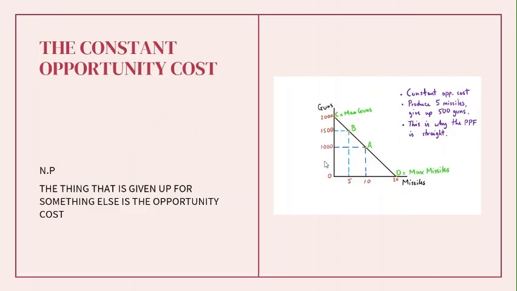In this case, we have to give up 500 guns for 5 missiles. So the 500 guns that we have given up is the opportunity cost. You guys get me? So that is why the production possibility frontier is straight. From this little example, I believe that you could have a more comprehensive understanding of what the production possibility frontier actually is.